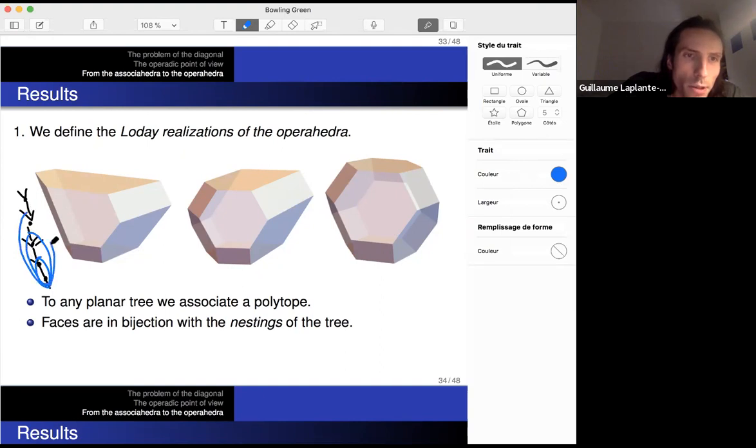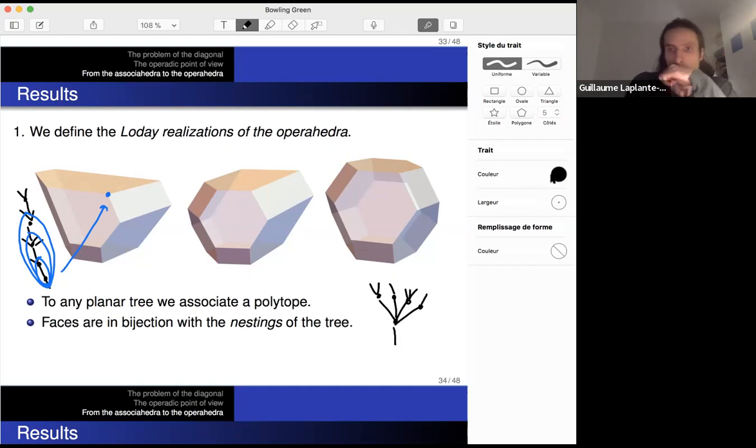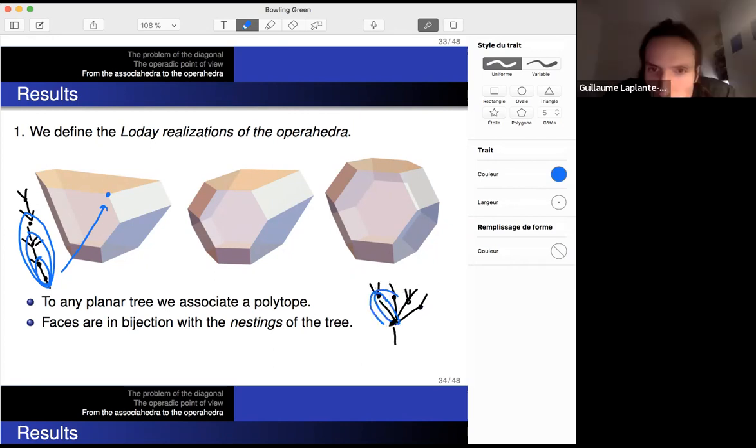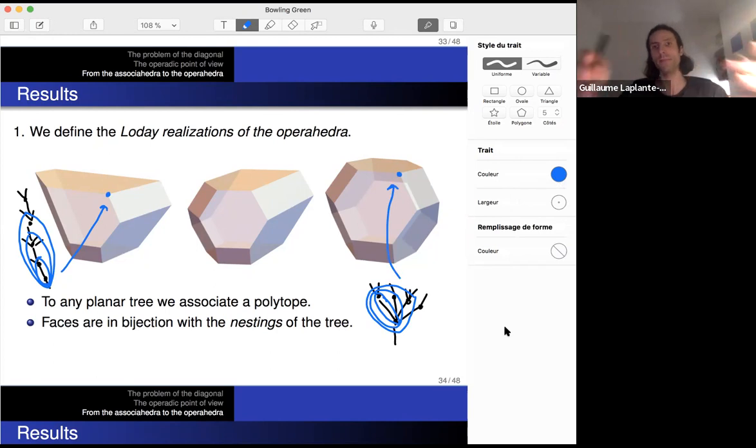And when you get a full parenthesization, this will give you a vertex in the polytope. And you obtain the permutohedron by looking at these kind of trees, like the corolla-like trees. And you look at parenthesizations of these trees, and these give you vertices in the permutohedron. And to go to higher dimensional faces, you just forget nests.